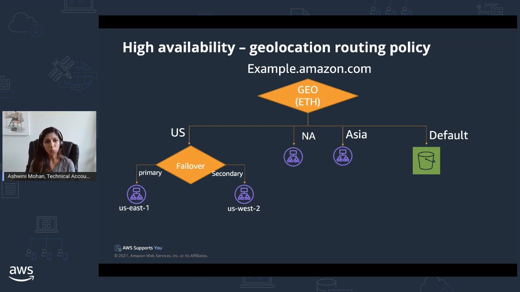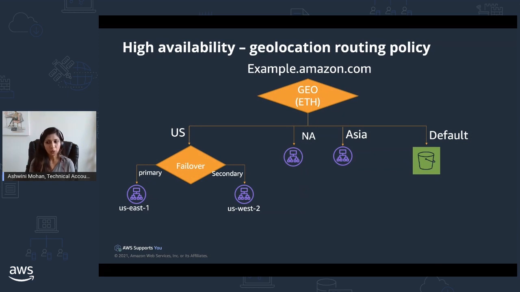I want to give a quick insight about how geolocation works by default, without any complex setup like having a geo with a failover. If an endpoint is unhealthy, Route 53 will look for a record for a larger associated geographical region. For example, suppose you have a United States record set, a North America record set, and a default record set.